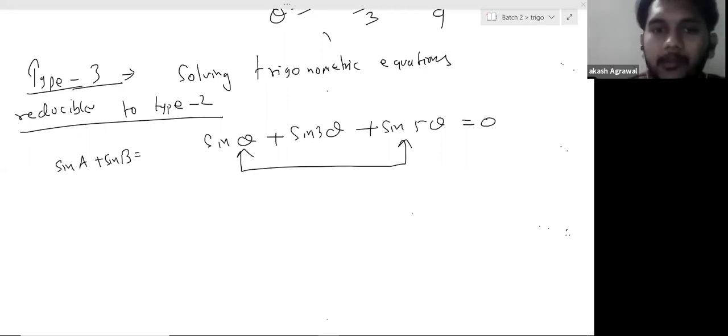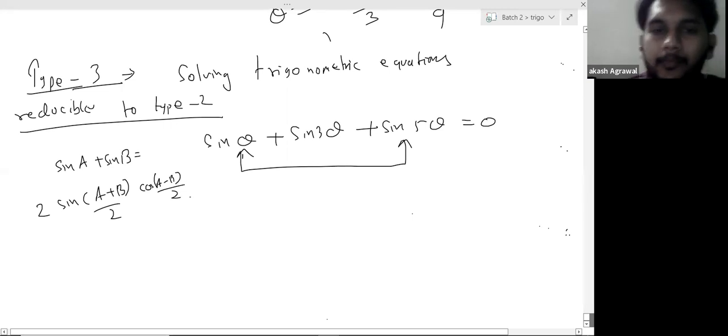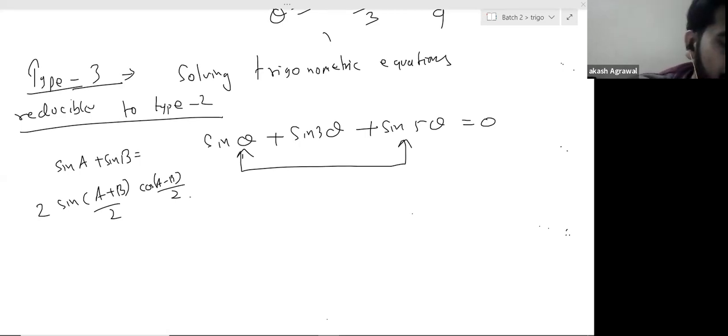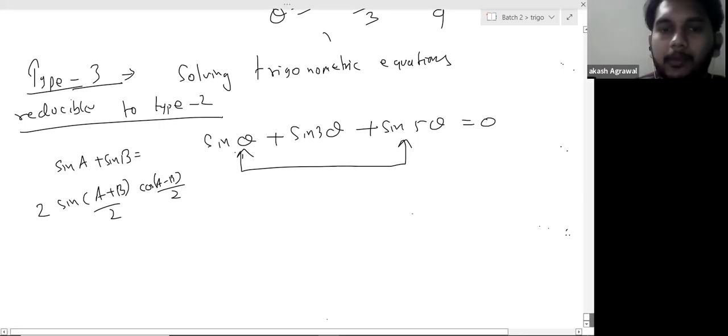All right, see how we can solve this. If I take these two together, I can use the formula sine A plus sine B equals 2 sine of (A plus B) by 2 cos of (A minus B) by 2, right? Shaifullah, Rahman, are you solving this? Yes, sir. So here, sine of (theta plus 5 theta) by 2 is sine 3 theta, into cos of (A minus B) by 2.